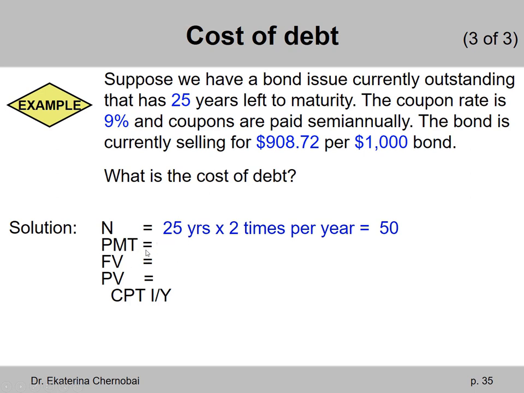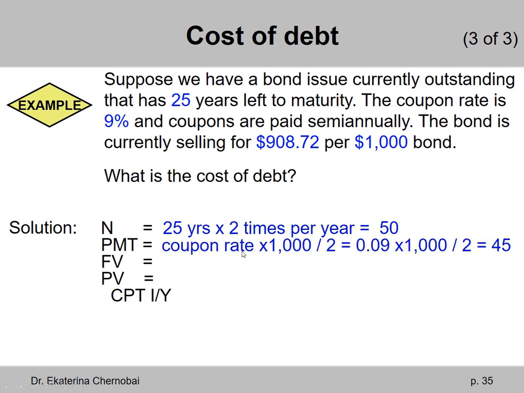PMT, the coupon amount itself. We always calculate the coupon amount the same way. We take the coupon rate, that's 9% in our problem, and multiply by $1,000. That would be the coupon amount per year. However, again, we need to adjust this number for the frequency of the coupons, because they're paid semi-annually, every half a year, the coupon amount is half of the annual coupon amount.